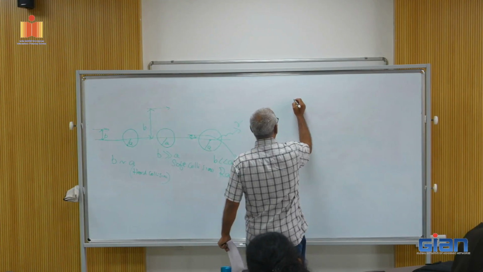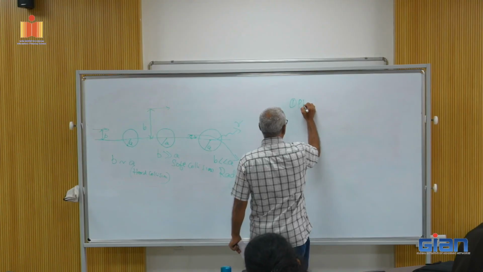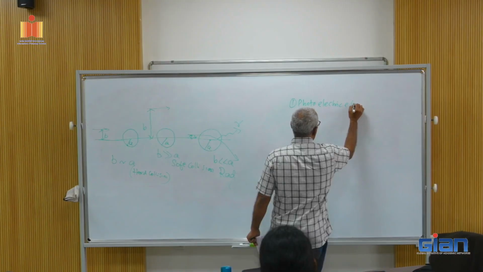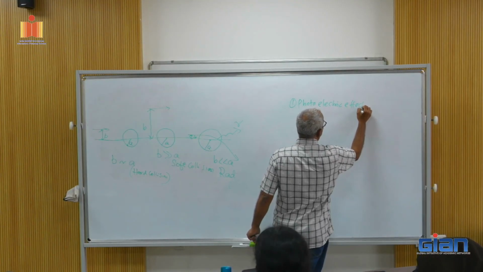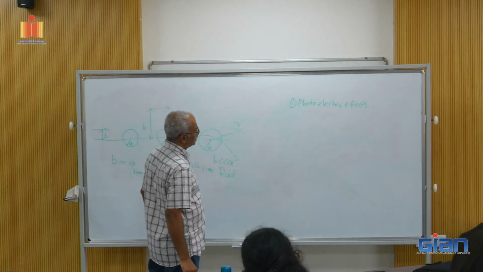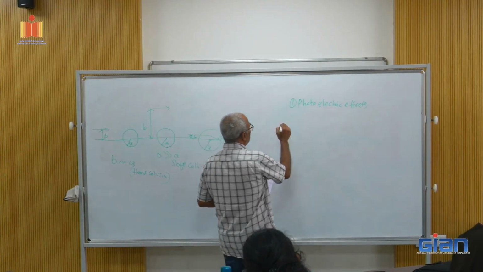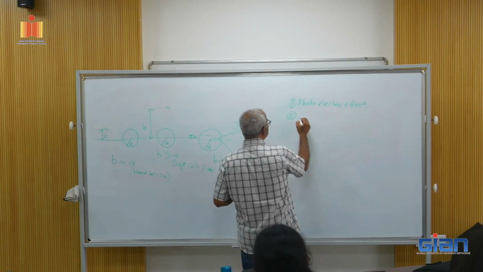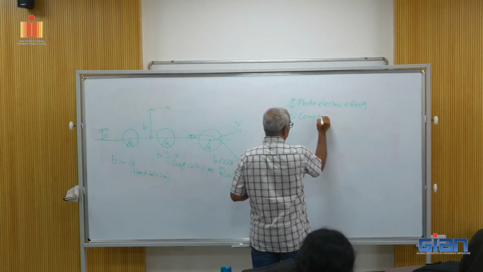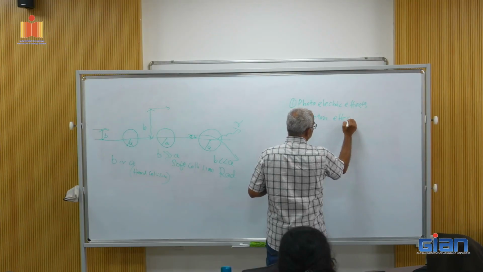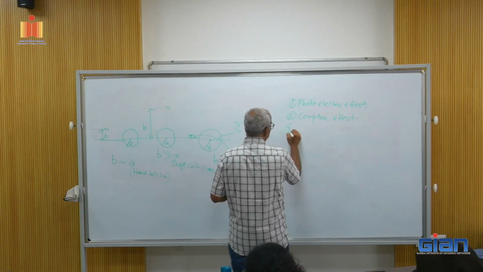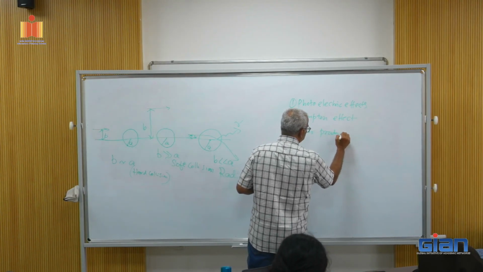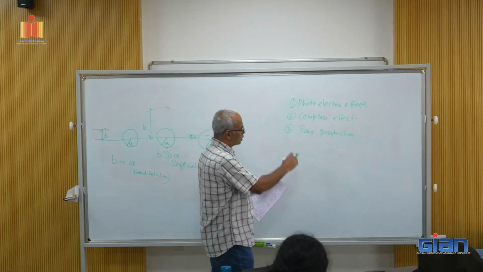we have mostly the photoelectric effect. When a photon interacts with any medium, these are the three prominent processes that can take place: the photoelectric effect, Compton effect or Compton scattering, and pair production. Of course, there are others.